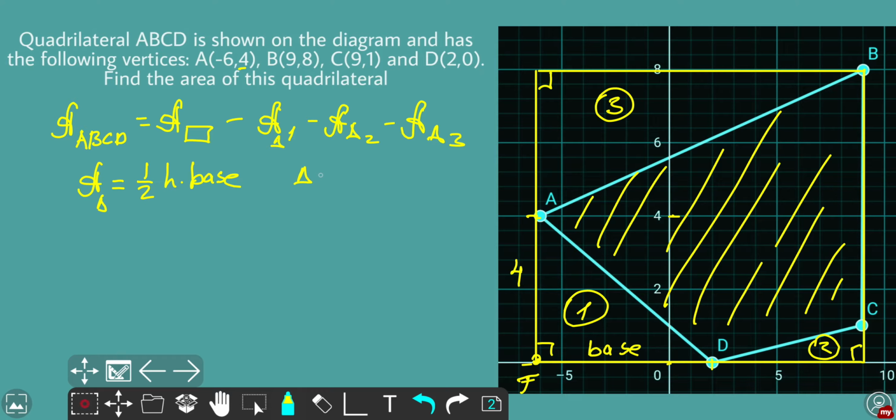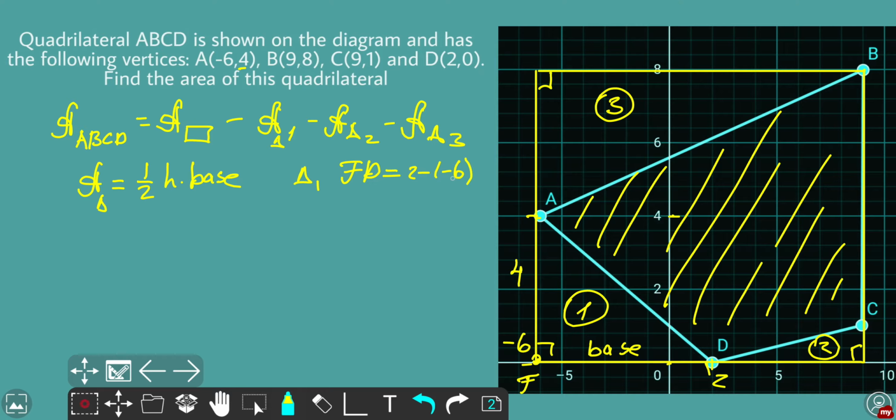For triangle 1, the distance FD is simply the difference between the coordinates of F and D. F has the coordinate -6, and D has the coordinate 2. So the difference is 2 minus -6.